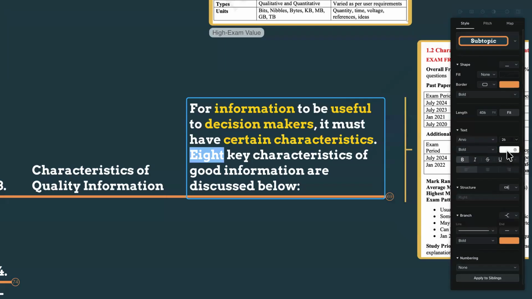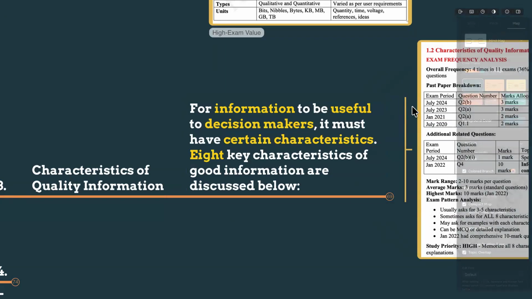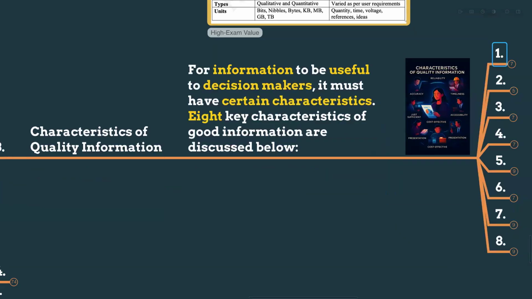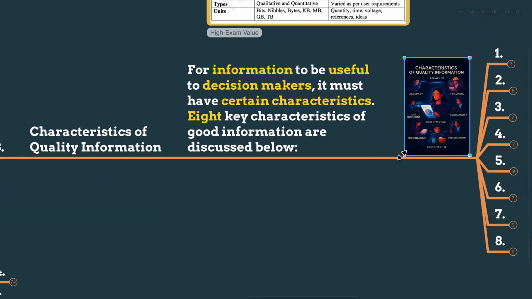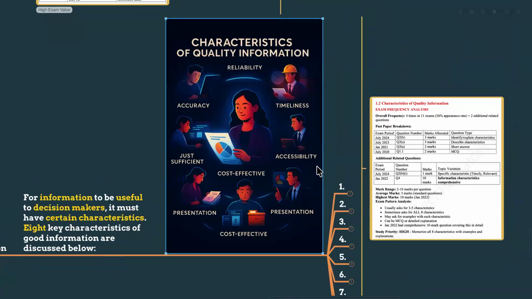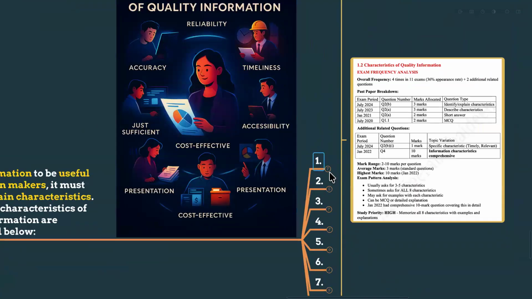So usually we have 8 key characteristics of good information, right? We will see these 8 characteristics. We can identify them as reliability, timeliness, accessibility, presentation, cost effectiveness. There are a lot of characteristics.